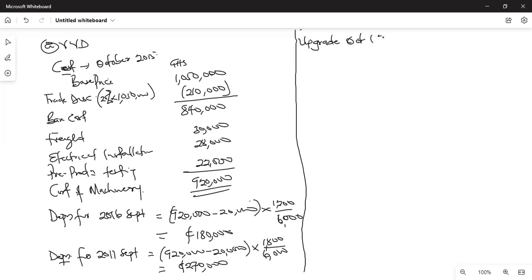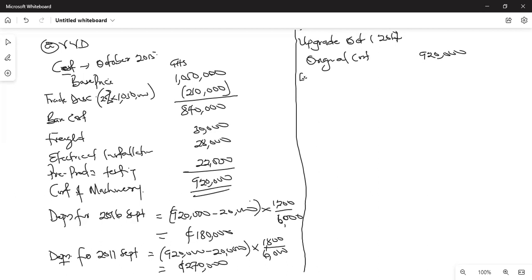All right. So if the upgrade is now done on October 1, 2017, which is the last year, we now need to come back and say we had an original cost that was 920,000.